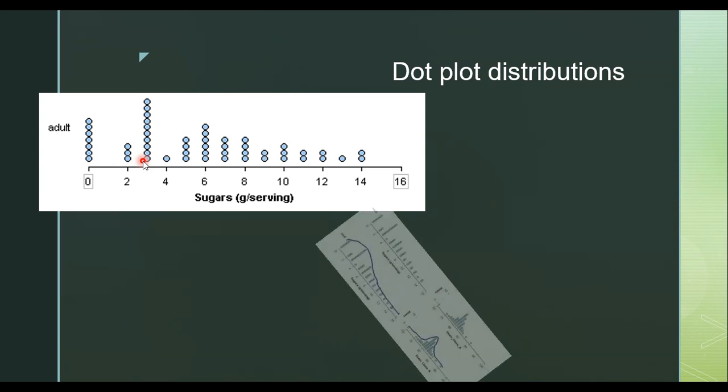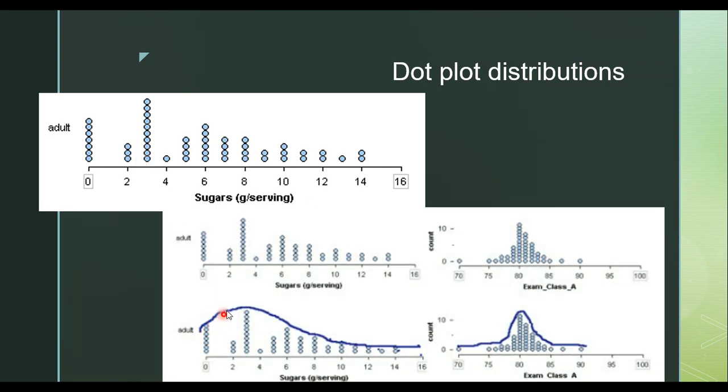And if I wanted to create a distribution, I could easily say, oh, well, that's what my curve is going to look like. Or for this, an exam score, right? We could see a lot of people did pretty good around the B range here, and I could create a distribution or a curve that matches this distribution and make inferences about that.